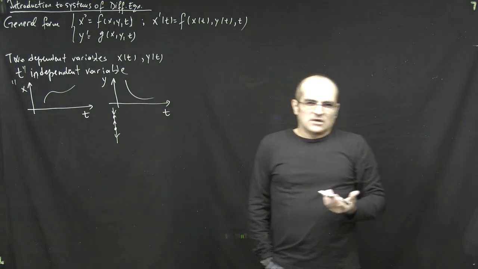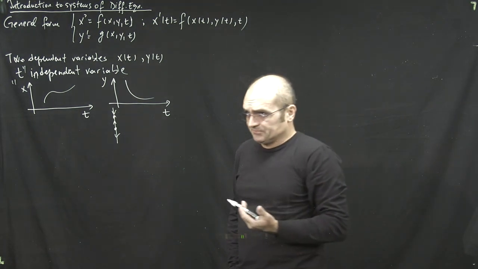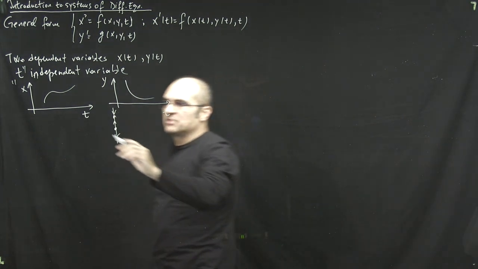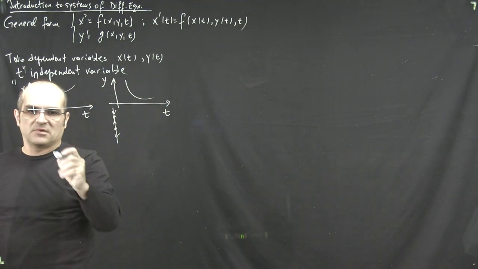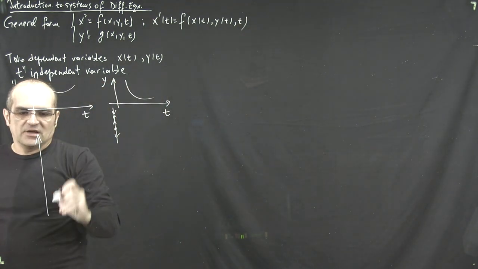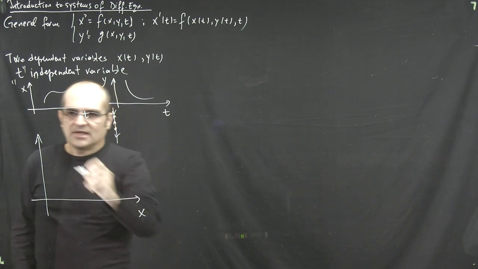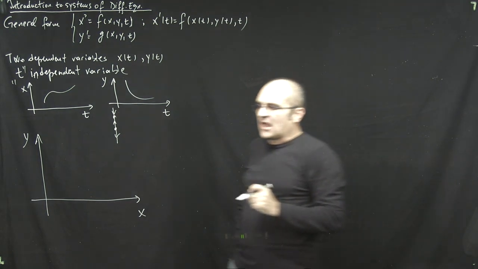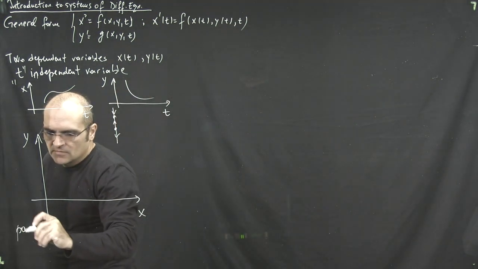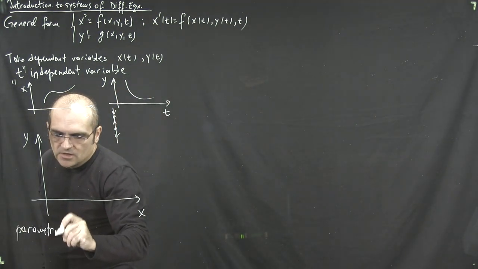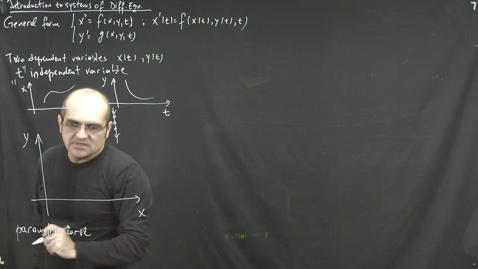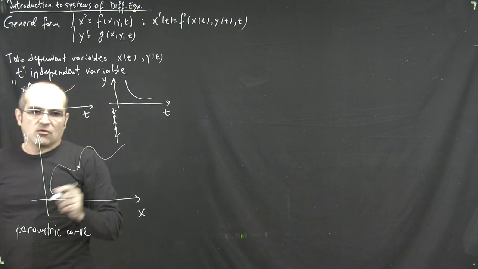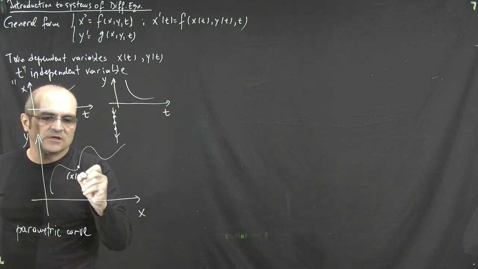So by the same token, for systems of differential equations, if you don't care about the time value when a certain value happens, you could simply look at just the values of the dependent variable by sketching both x and y against each other. So basically you sketch the solution as a parametric curve, in which for every time t, you're going to have a point in the plane of coordinates x of t, y of t.